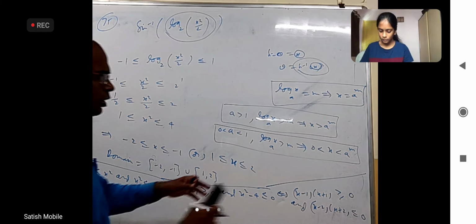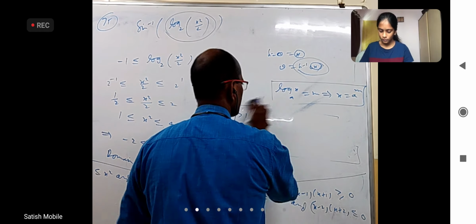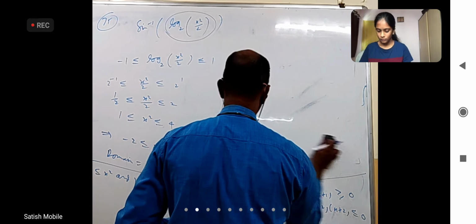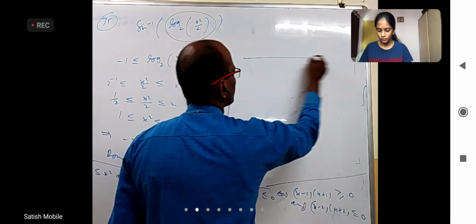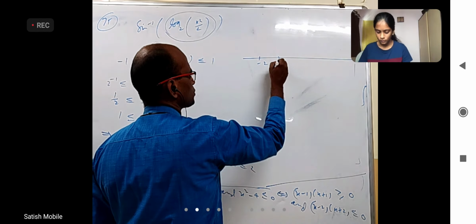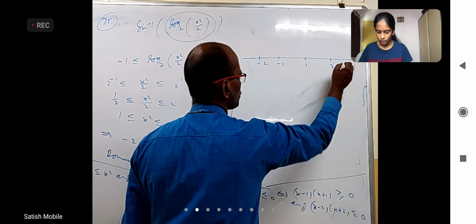Okay, now after this what to do? So take number line -2, -1, 1 and 2.